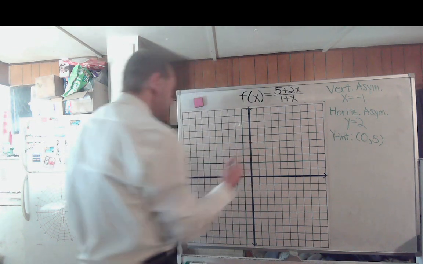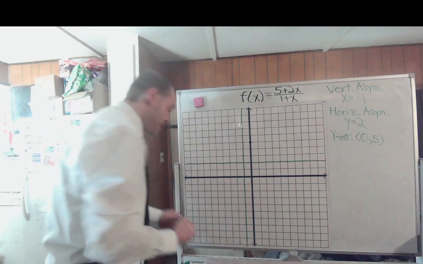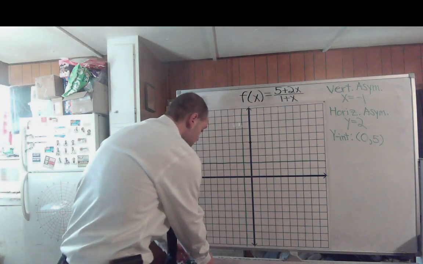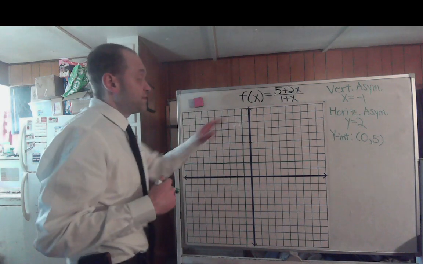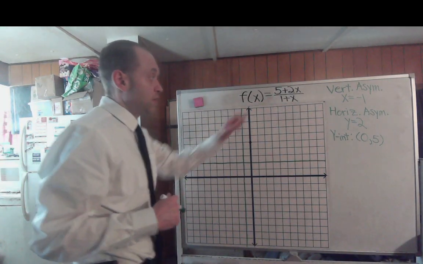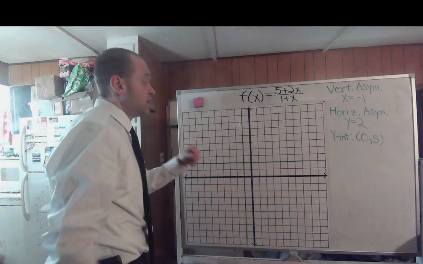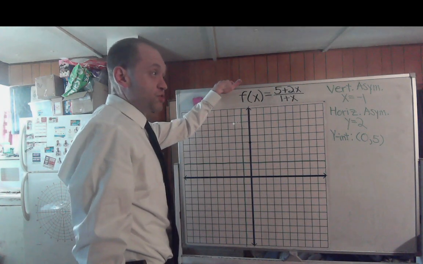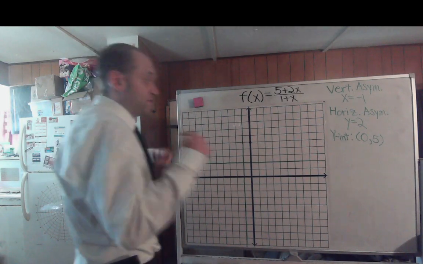All right. Now, what about x-intercepts? Good news is, yes, we are going to have some x-intercepts. If I set 5 plus 2x over 1 plus x equal to 0, that 1 plus x will disappear. You would just have 5 plus 2x equal to 0, which would end up giving you that x equals negative 5 halves.